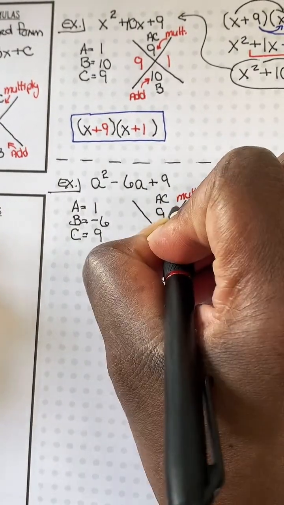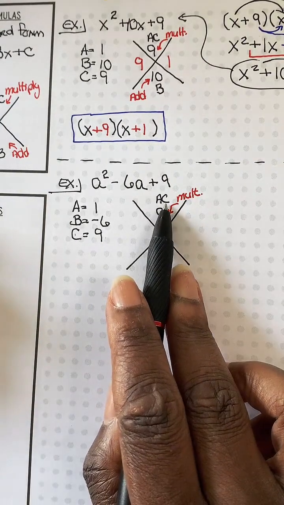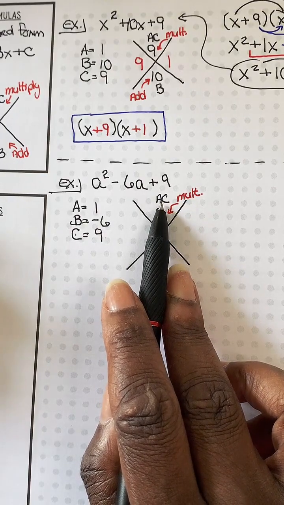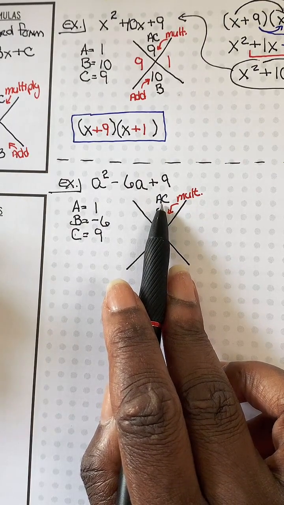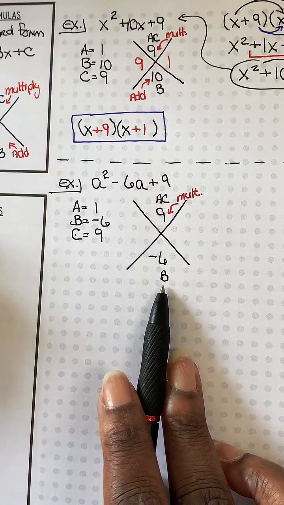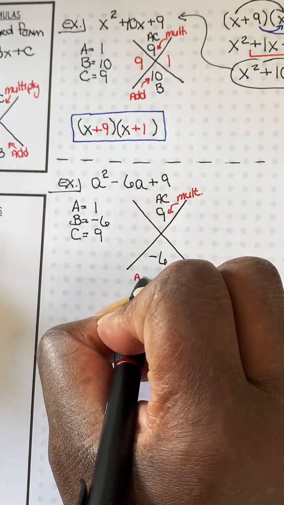The easy way for me to remember which one to multiply and which one to add: AC is the same as saying A times C, because I don't see a plus or a minus between the A and the C. Then we're rewriting our B. If we rewrite our B, this is the one that's going to deal with the addition.